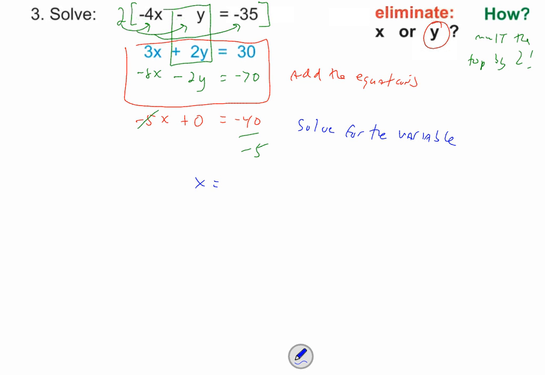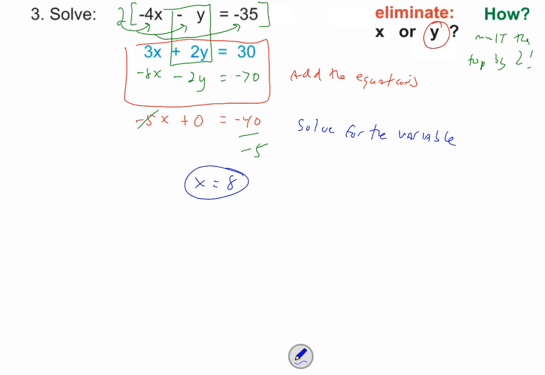And we end up with x equal 8. Not a big deal, right? It was a pretty easy equation. X equal 8. Okay, hey, didn't we just find the x coordinate of the point of intersection?